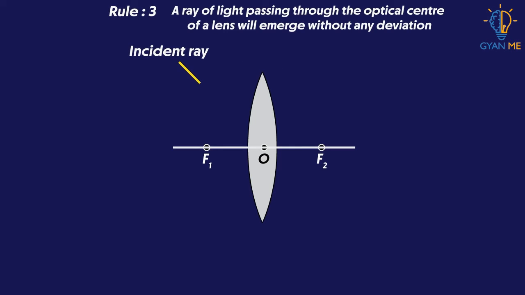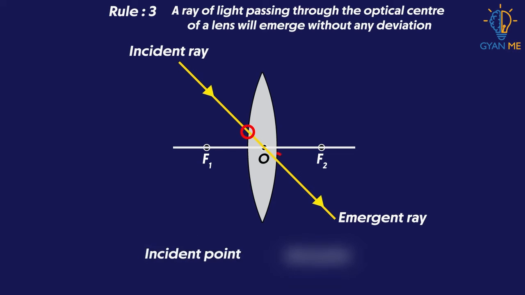It is because the ray passing through the optical center does not deviate, as the curvature of the lens at the incident point and the exit point are exactly opposite. So the deviation at the first point is cancelled out at the other point.